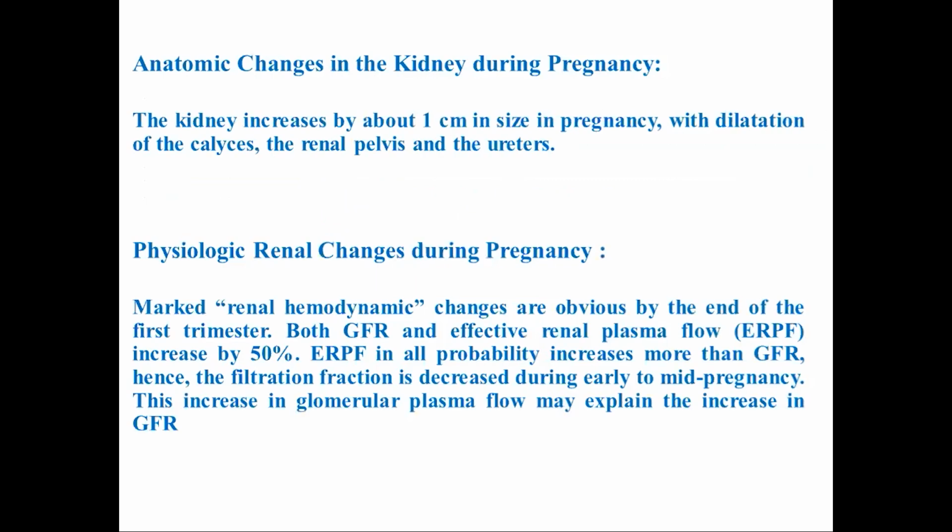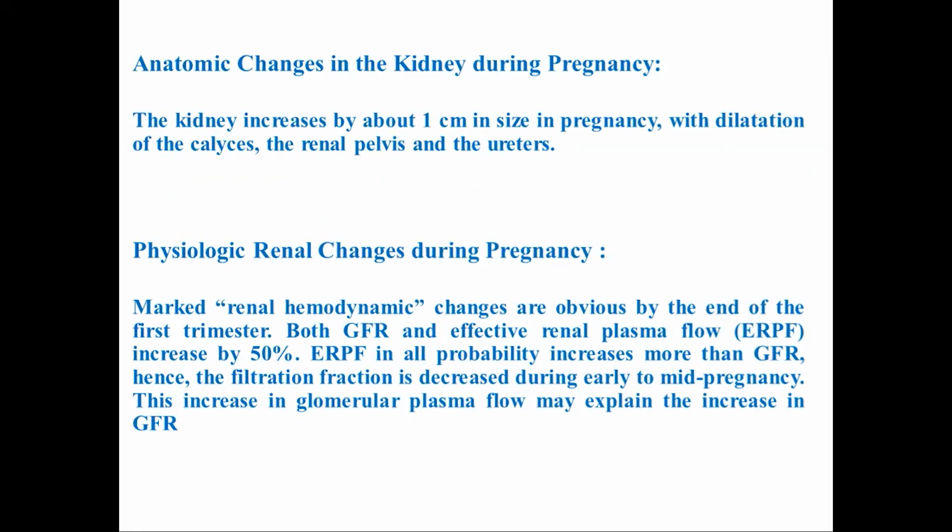Our literature review was the anatomic changes in the kidney during pregnancy. The kidney increases by about 1 centimeter in size in pregnancy with dilatation of the calyces, the renal pelvis, and the ureters. The physiological renal changes during pregnancy include marked renal hemodynamic changes, which are obvious by the end of the first trimester.